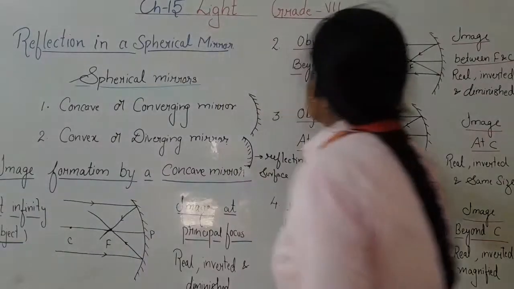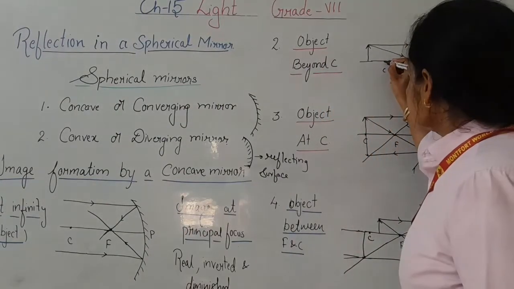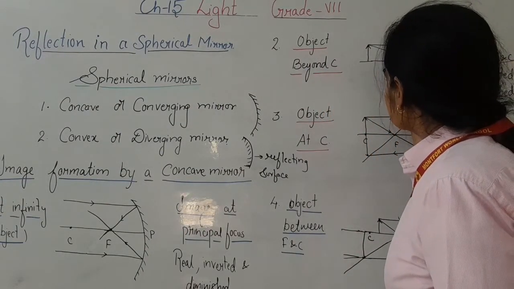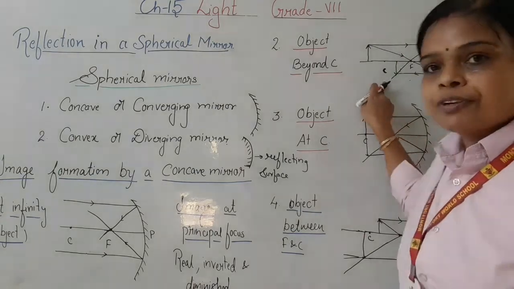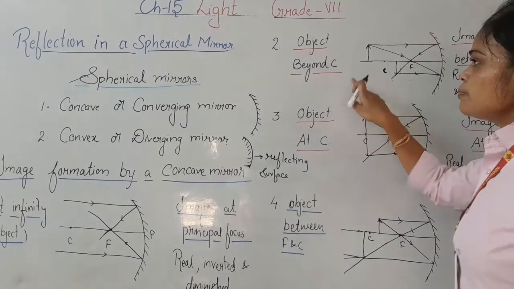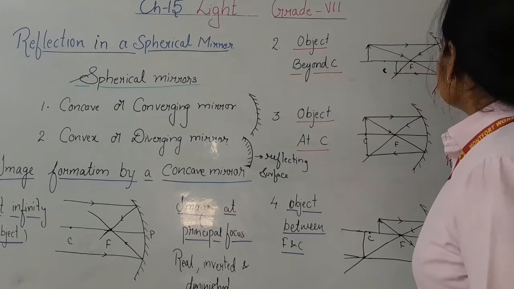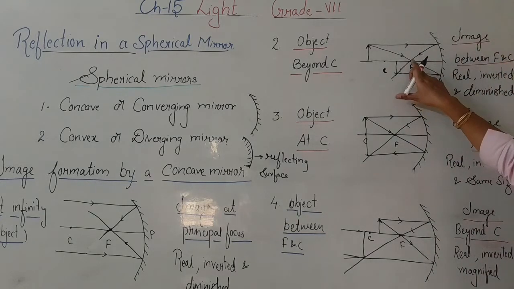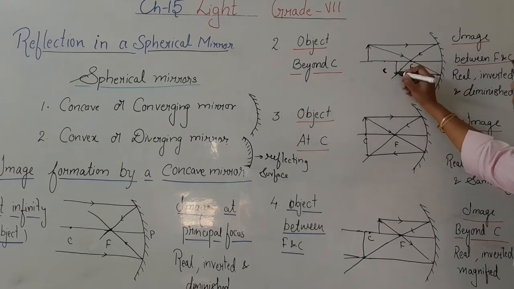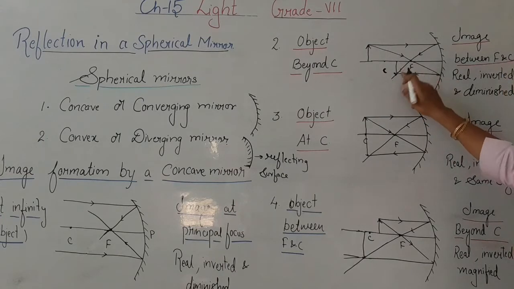Suppose the object is placed beyond C, where C is the center of curvature. Then the image is formed between F and C, that is, between the principal focus and the center of curvature.